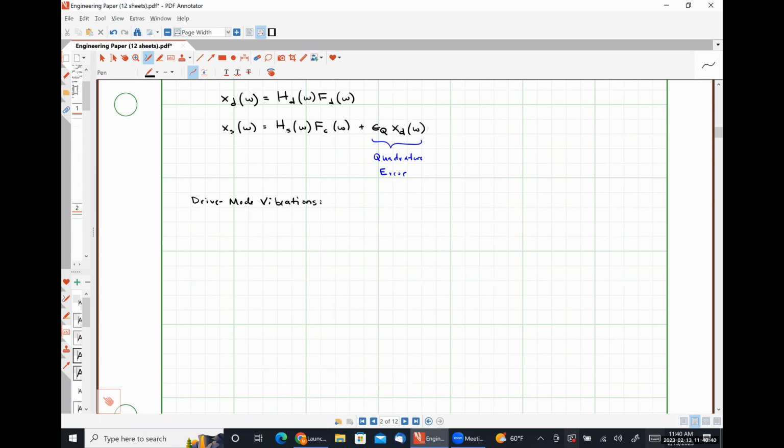So the vibrational amplitude is our drive mode vibration here. If we want to make this vibrational amplitude as large as it can possibly be, what frequency should we excite the drive mode at? The resonant frequency. Absolutely right.